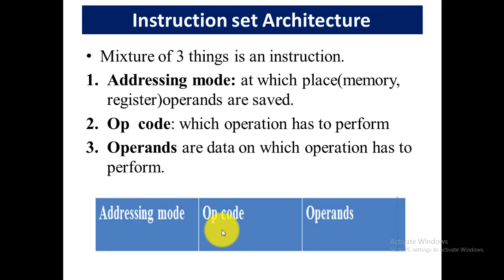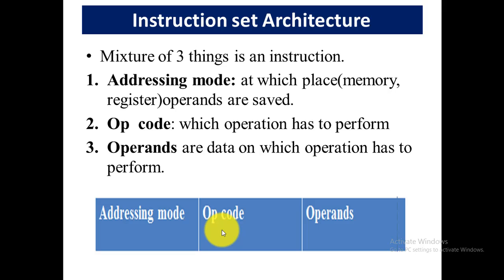The plus sign defines the operation to be performed, so that is saved in the opcode. The operands, the opcode, and the location of the operands: all these three things make up the instruction in an ISA.